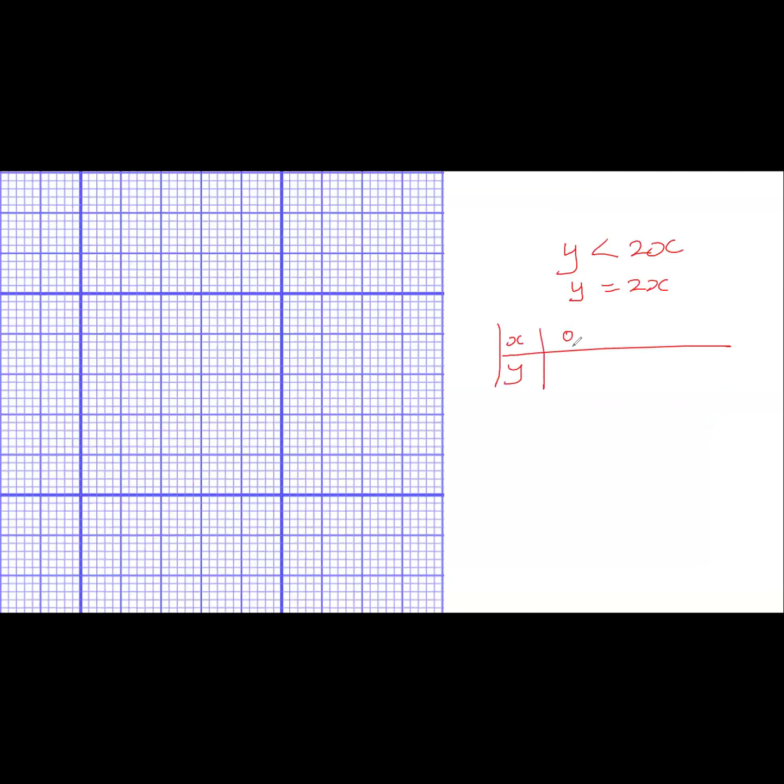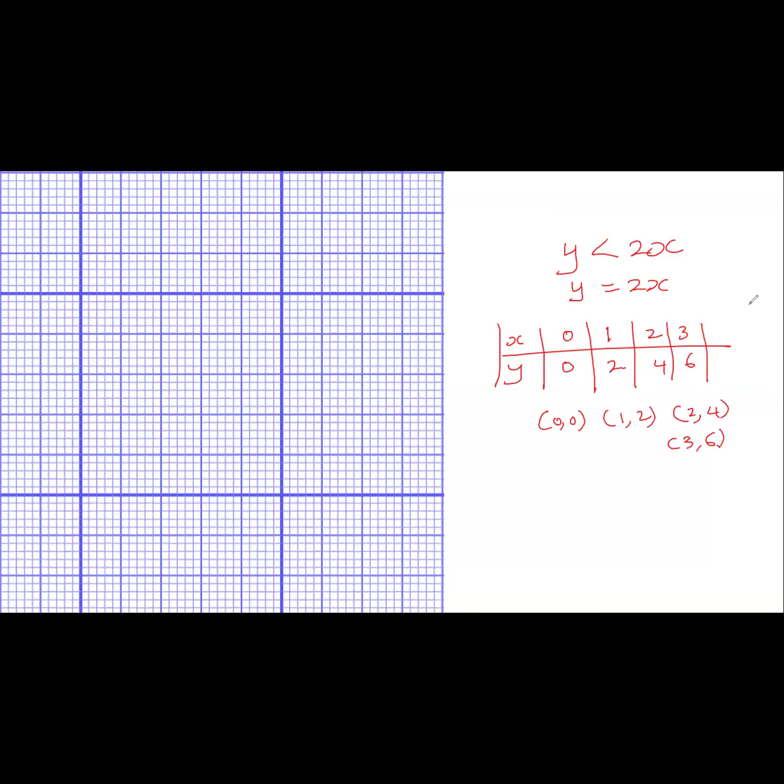Here we shall have x 0, y 0. Then increase the value: say 1, say 2, say 3. When x is 1, I'll have 2, then 4, then 6. So your coordinates will be 0, 0, 1, 2, 2, 4, and then 3, 6.